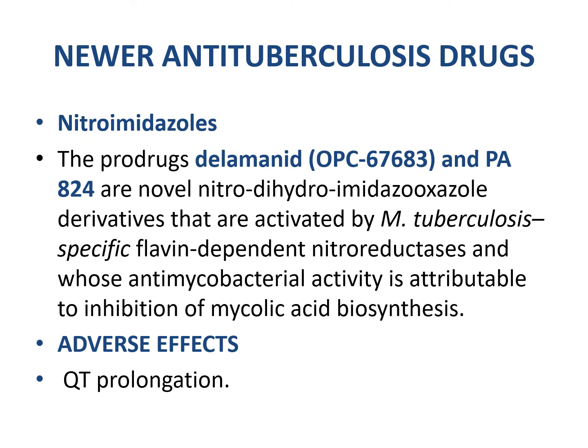The prodrugs delamanid and PA-824 are novel nitrodihydroimidazooxazole derivatives that are activated by Mycobacterium tuberculosis specific flavin-dependent nitroreductases and whose antimycobacterial activity is attributable to inhibition of mycolic acid biosynthesis. And adverse effects are also QT prolongation.